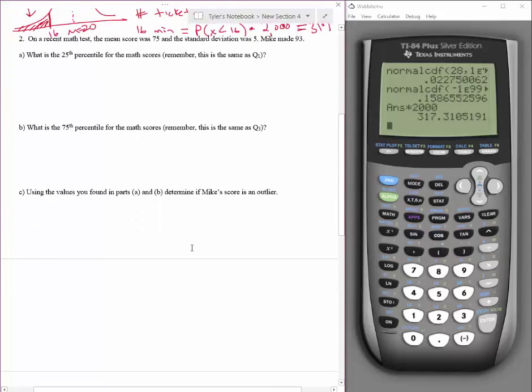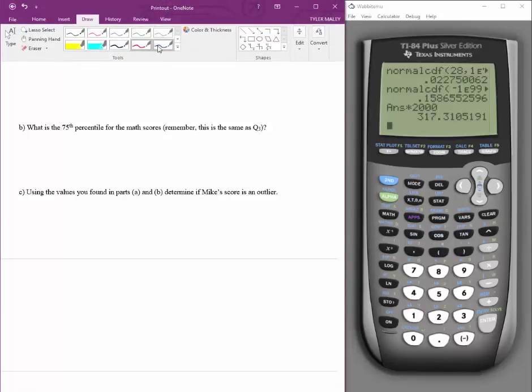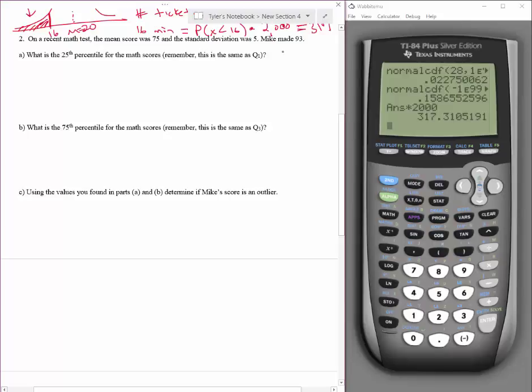So then if I go down to number 2, it says on a recent math test, the mean score was 75 and standard deviation was 5. Mike made a 93. So I would come in, let's change my color to blue. Let me just identify the mean is 75.